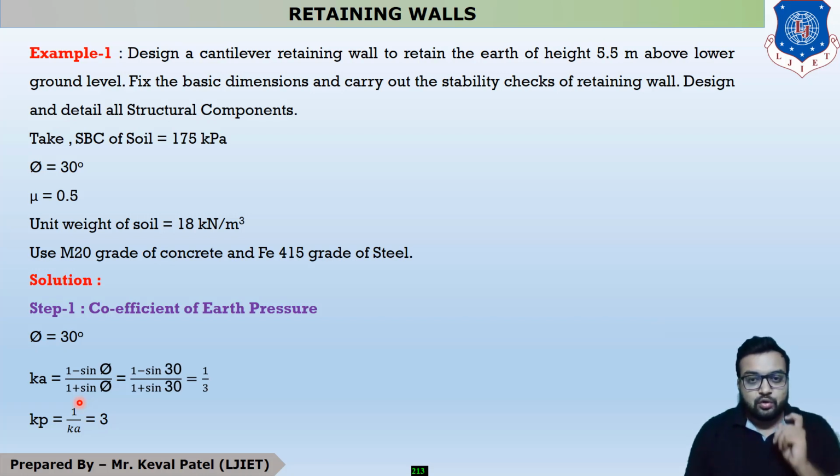So our value of Ka is 1 by 3. Okay. Our second coefficient is passive pressure coefficient. It is denoted by Kp. But you all know that Ka and Kp are inversely proportional to one another. So our value of Kp is 1 upon Ka, which is equal to 3. Okay. So this is your step number 1.